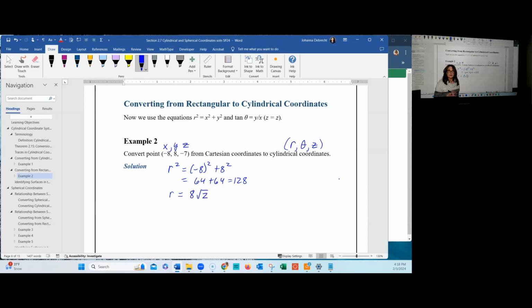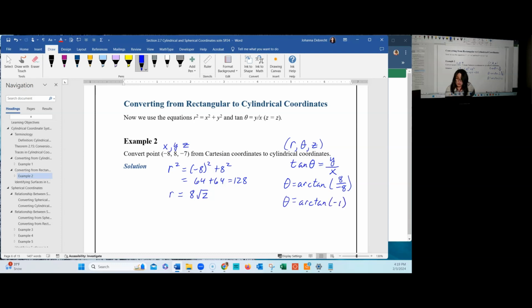Now let's find the angle theta. To find theta, we want to use the relationship that tangent of theta is y over x. Tangent of theta equals the y coordinate divided by the x coordinate. So theta is the arctangent of y, which is 8, divided by x, which is -8. So I have theta as the arctangent of -1.